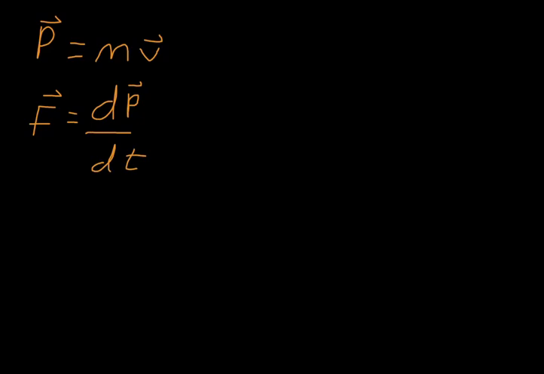Now, considering momentum is mass times velocity, if mass is constant, which it usually is, although, for example, in rocket science, the rocket is going to propel itself by losing mass. So actually Newton's second law in the form F equals ma is not going to hold there.